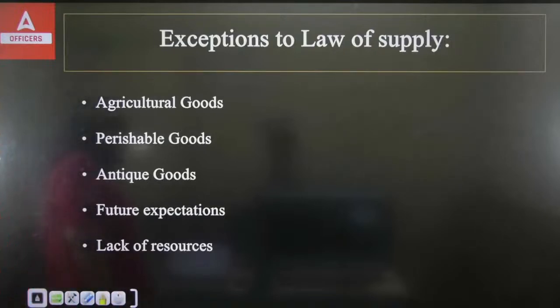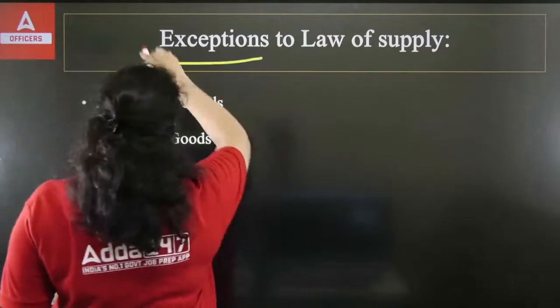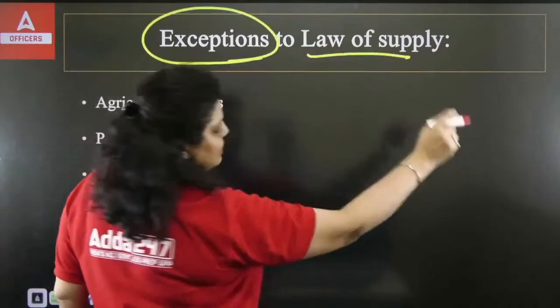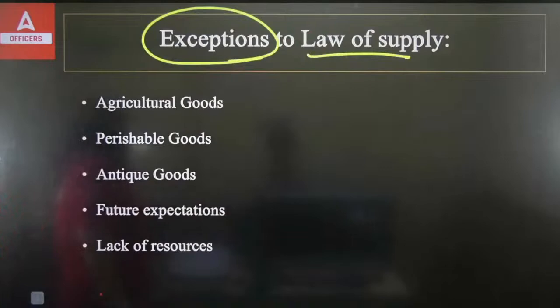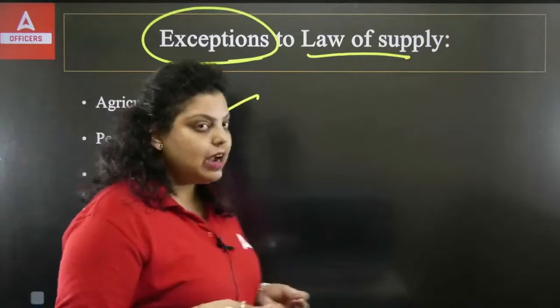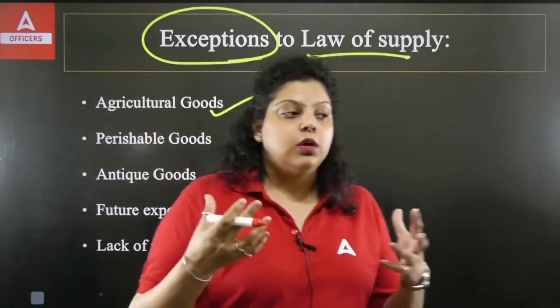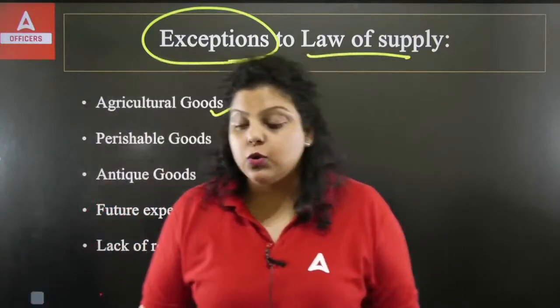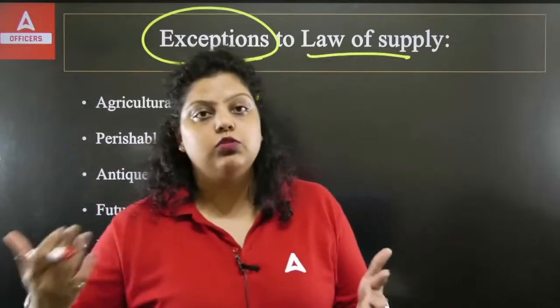Now, there are certain exceptions to the law of supply. It means there are certain goods where the law of supply will not apply, like agricultural goods. These are goods whose supply cannot be controlled according to prices.